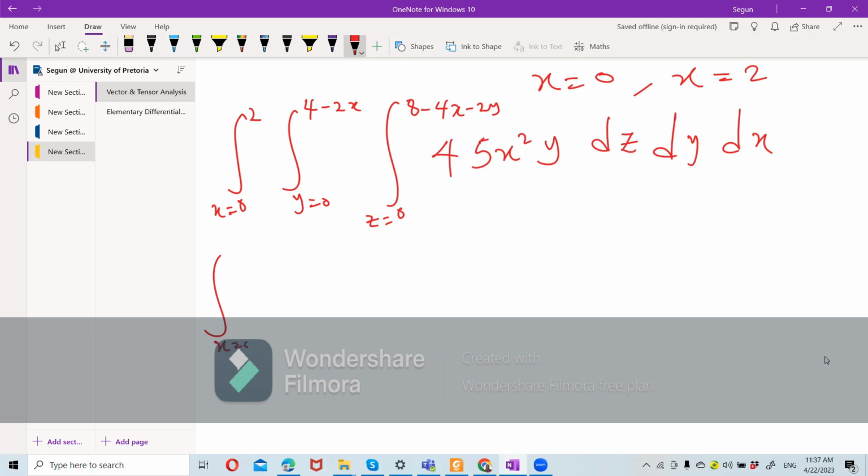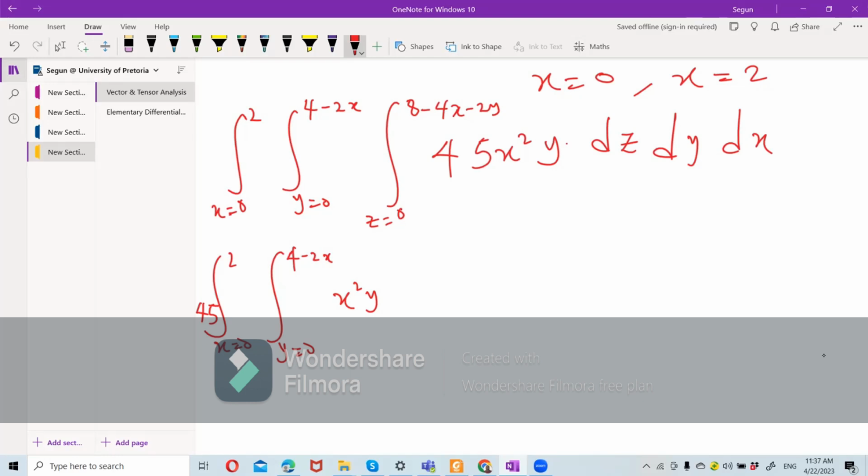Integral of x equals 0 to 2. Then integral of y equals 0 to 4 minus 2x. So for us to solve this one, I can take my 45 out. I can say x squared y, we still have z here too. Please check, do we have z? No. So we can now integrate with z.